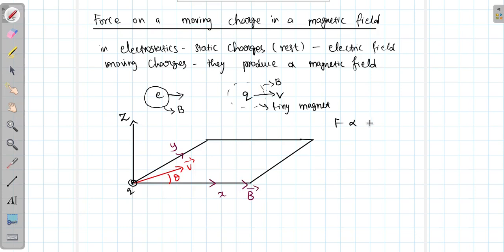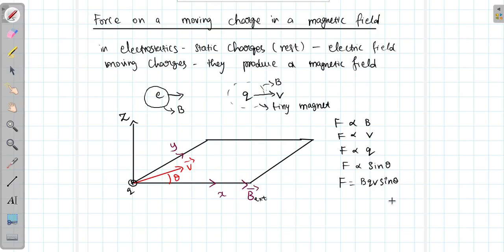This force is proportional to the magnitude of the magnetic field, proportional to the speed of the particle, proportional to the charge of the particle, and also directly proportional to the sine of the angle between V and B. The force depends on all four quantities: B, Q, v and sin theta. Therefore, F equals BQv sin theta.